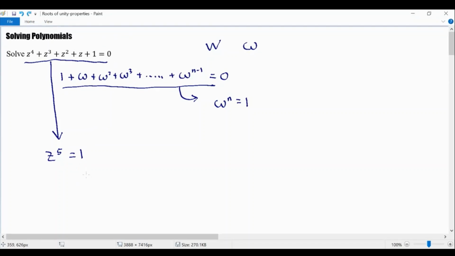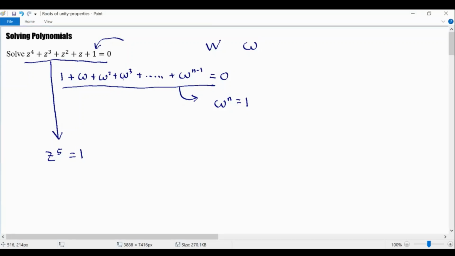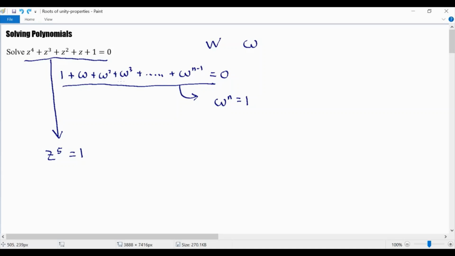Instead, it will be all the solutions to z to the 5 equals 1, except for the solution of z equals 1. And why that's the case can be fairly easy to see. Trying to plug z equals 1 back into the original equation, it's quite clear that that is not going to work, quite clearly. So therefore, we're not going to include that solution, but all the other solutions to z to the 5 equals 1 will be solutions of the original polynomial.